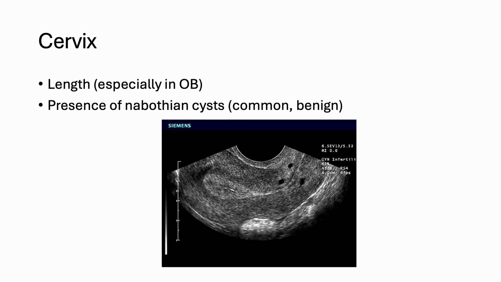And then we look at the cervix, what is the length? Especially in OB is where we see this measured, not really in GYN patients or gynecology patients. And then you may see Nabothian cysts, which you can see here in the cervix, and they're common and they're benign.